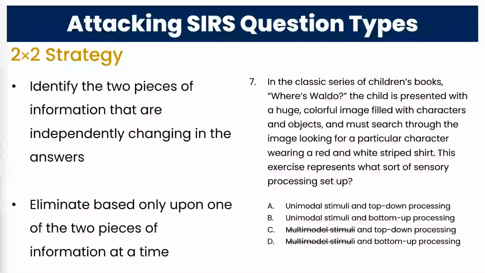Waldo's tiny. So we're going from big scale down to small scale. What kind of processing is that? That's top-down processing, because we're faced with all this information and we have to cut away all that other information down to these smaller things. So my final answer must be A, because I can get rid of the bottom-up processing answers.